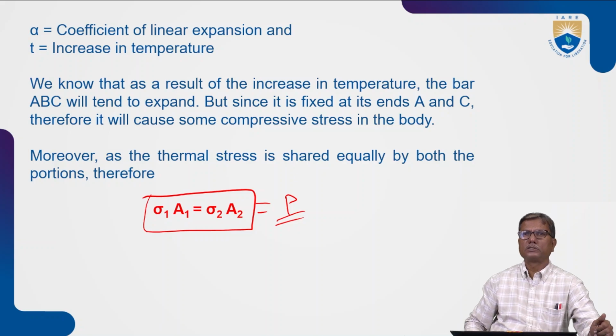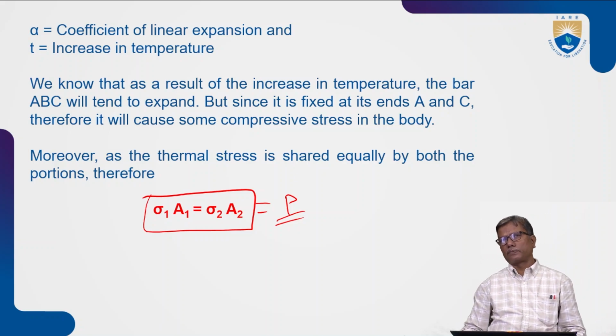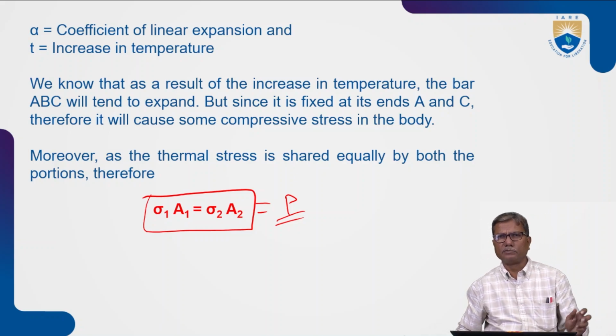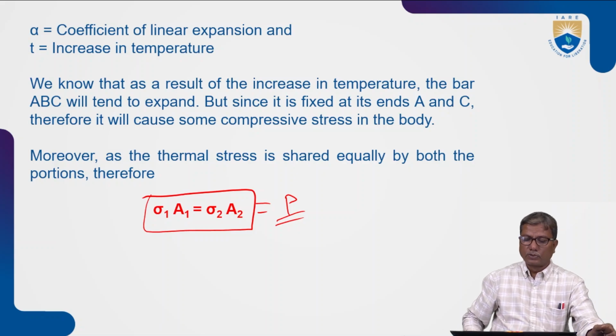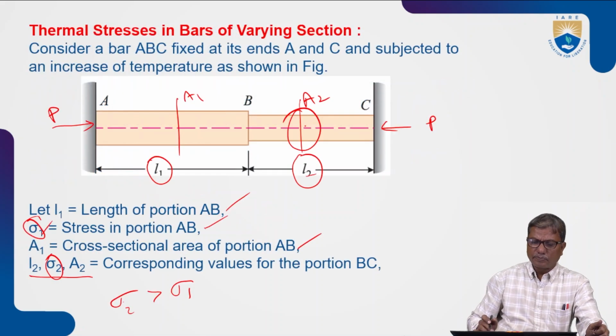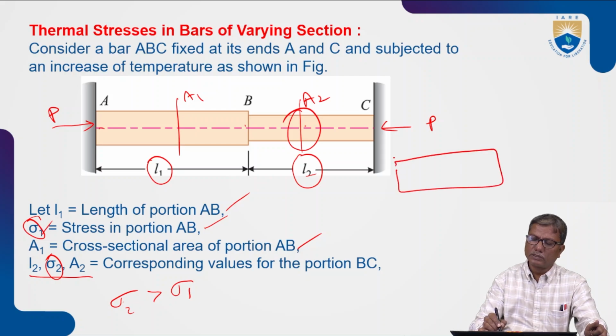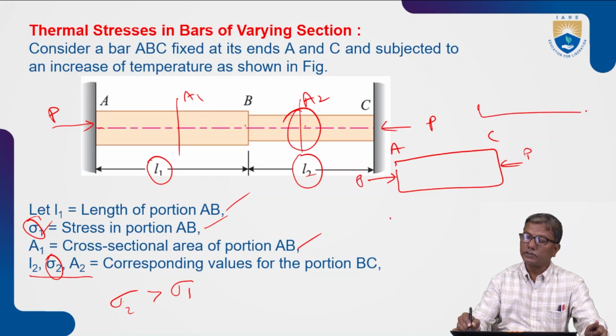The force developed at the ends is same for equilibrium, isn't it? So the portion AC, if you consider the free body diagram, will be subjected to a compressive force P. At the same time, portion BC should also be subjected to the same force for equilibrium.